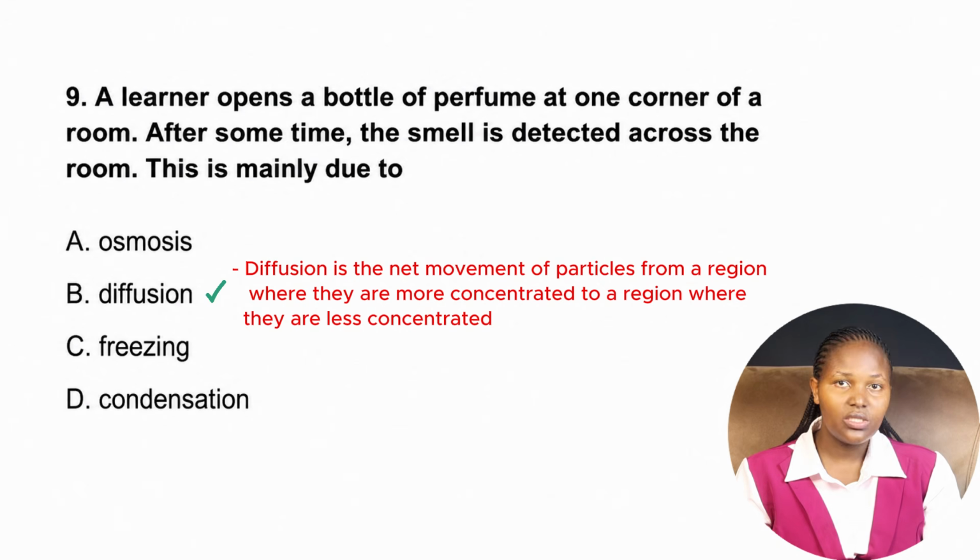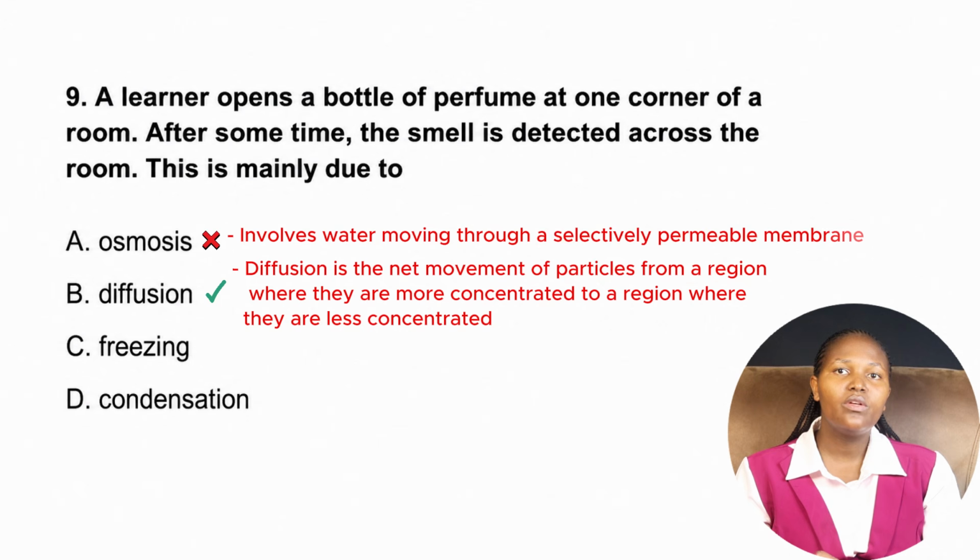Osmosis is different because it specifically involves water moving through a selectively permeable membrane. Freezing and condensation are just changes of state, not the spreading process described here.